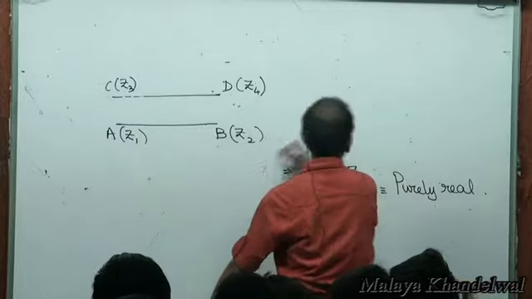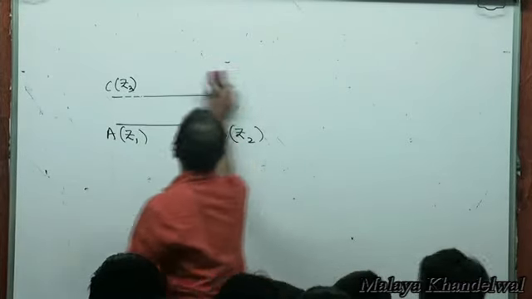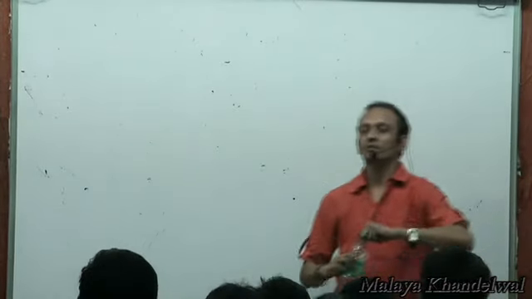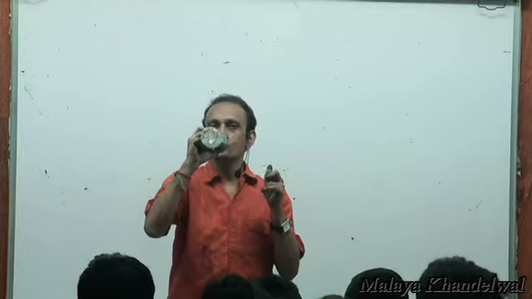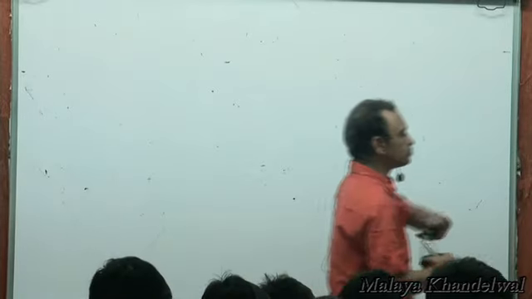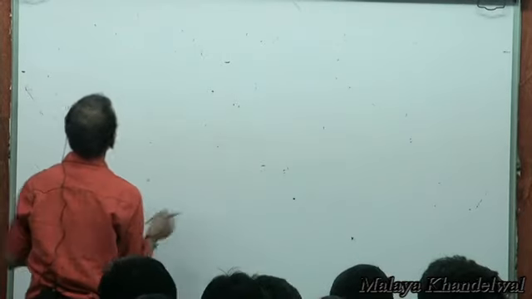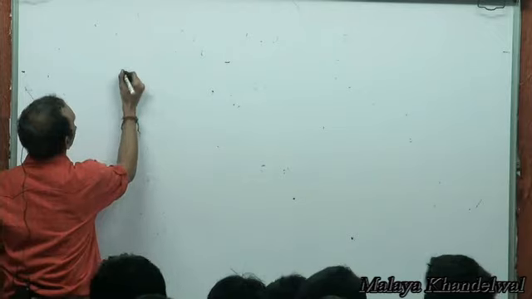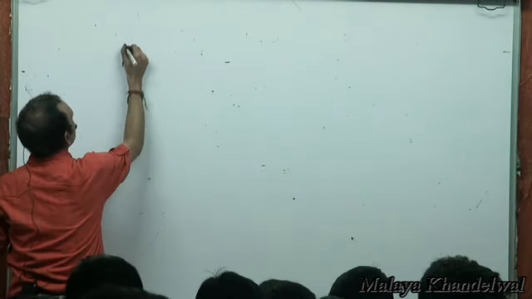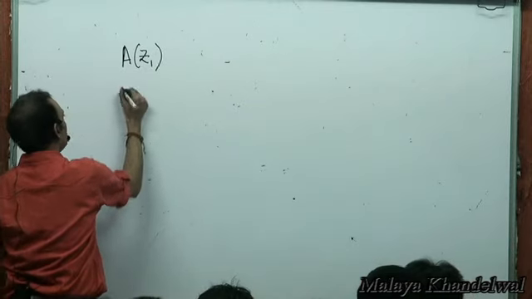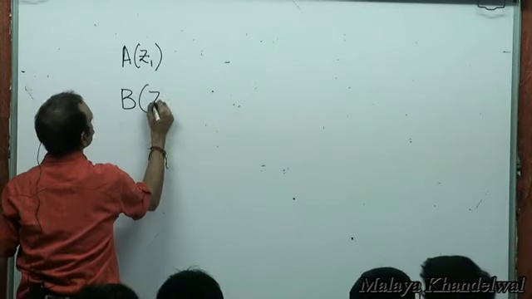Now, say if I have two fixed points A, which is Z1, and B with position vector Z2.